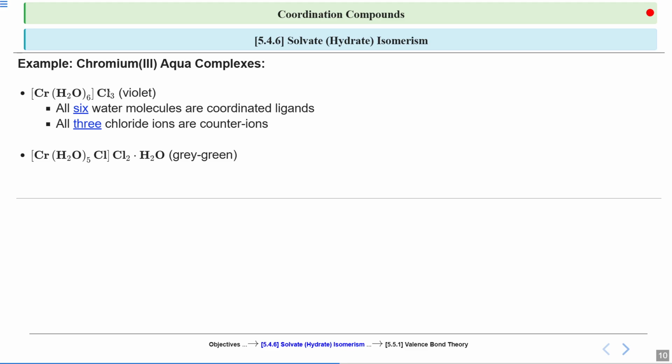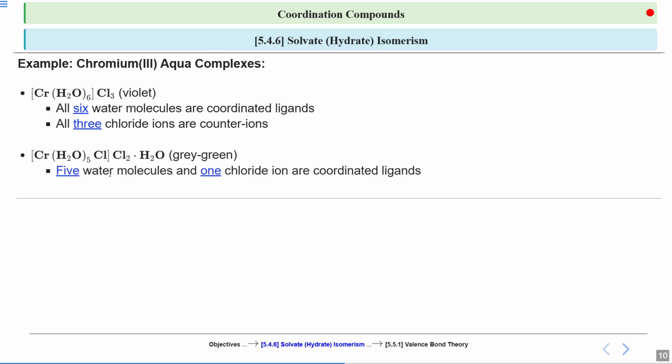That chloride ion is now present as a ligand inside the coordination sphere, and the water molecule that swapped places with the chloride ion now acts as a free molecule in this complex.